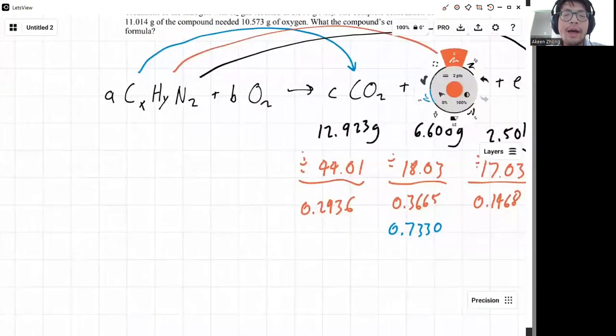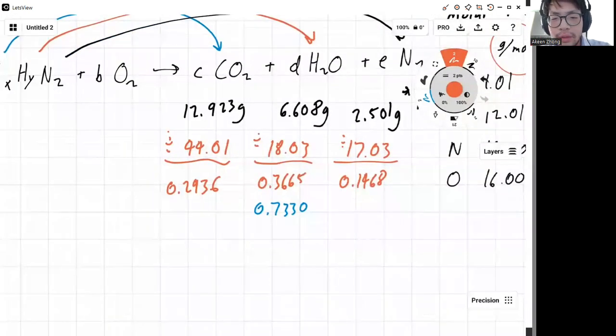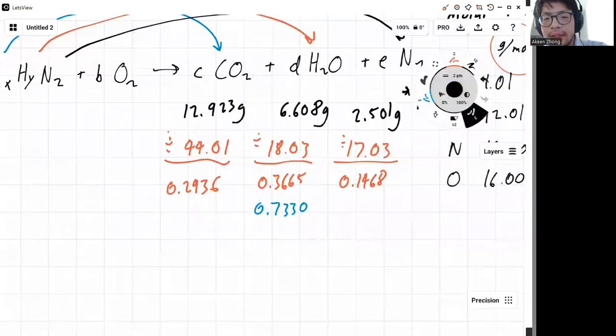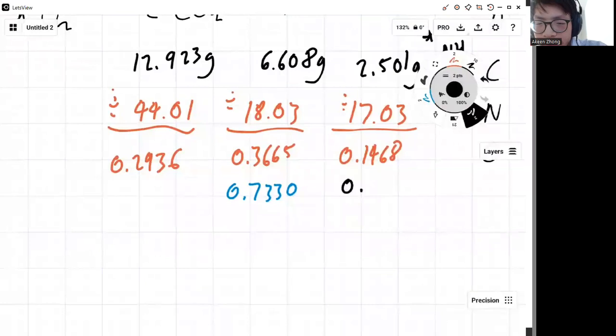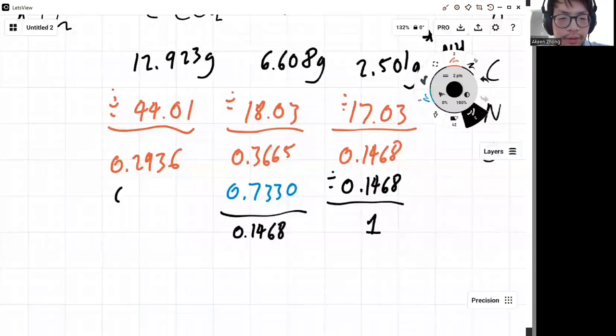So X, Y, and Z in this unknown compound is an integer. And the lowest integer for a chemical formula is 1. So we see that our lowest number here is 0.1468. So let's see if the other numbers fit into this multiple. And indeed, you can see that they start to follow a trend.